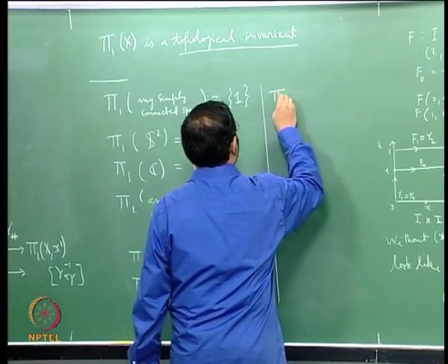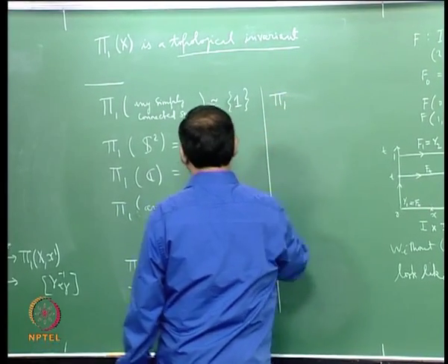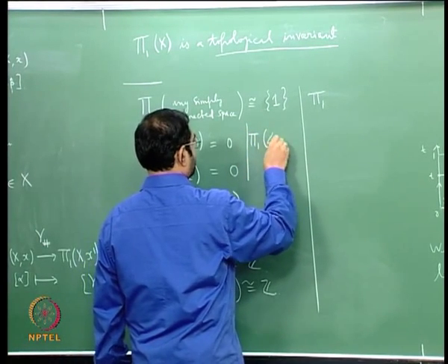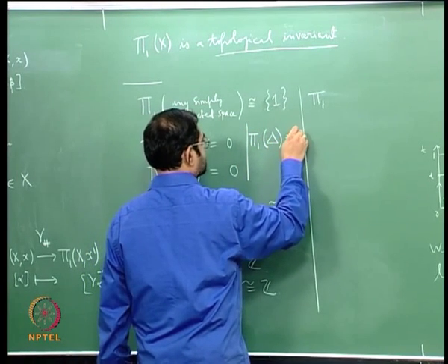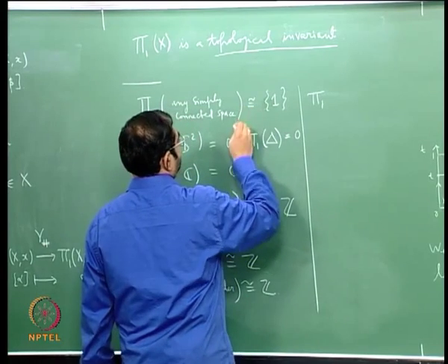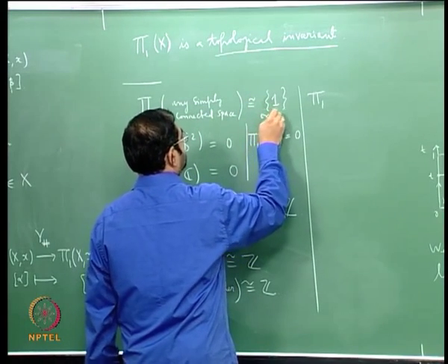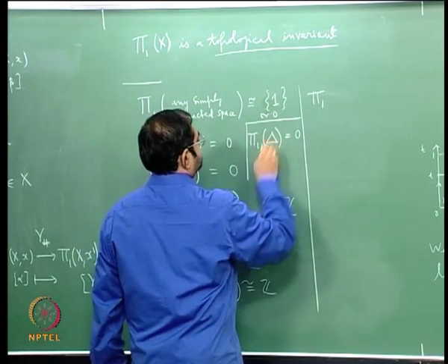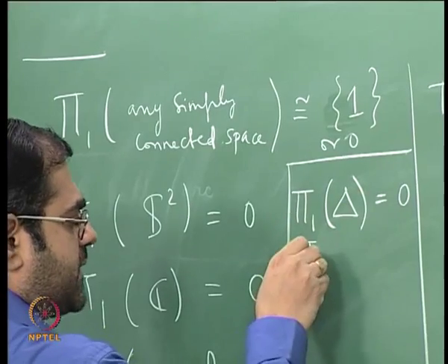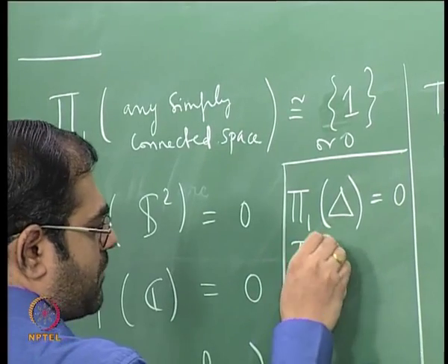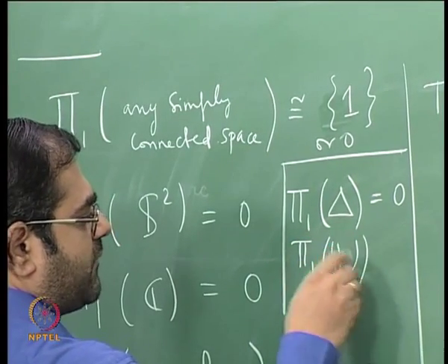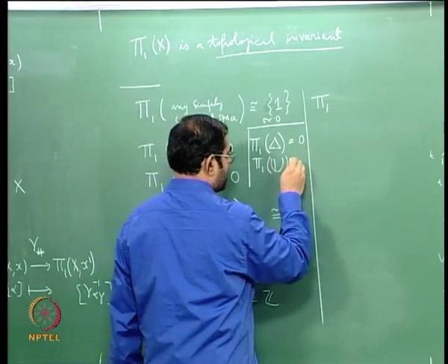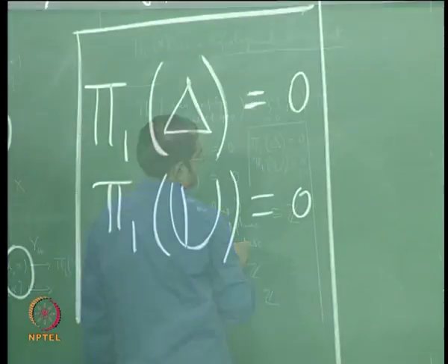pi 1 of the disk Delta is 0, where Delta is of course the unit disk. pi 1 of the upper half plane, which is biholomorphic to the unit disk by any suitable Mobius transformation, that is also 0.